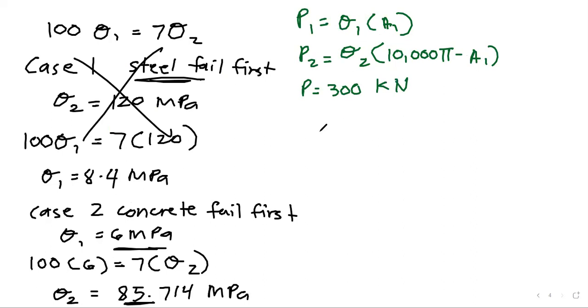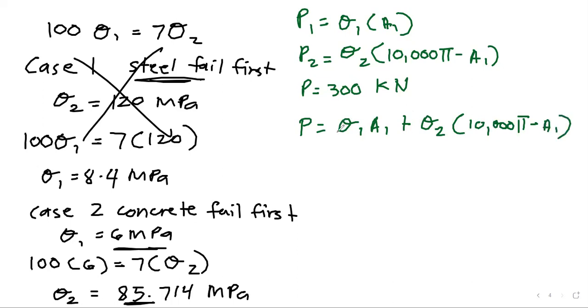So, mangyayari sa equation natin, P is equal to stress 1 times area 1, plus stress 2 multiplied by 10,000 pi minus area 1.